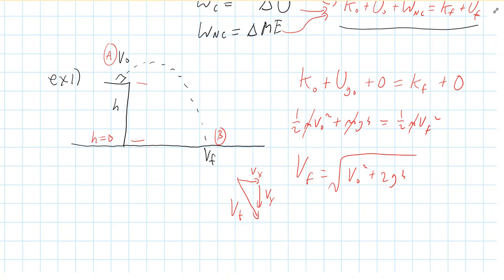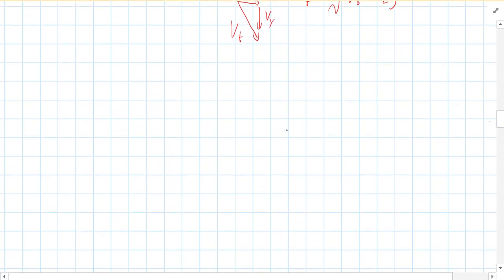Our other example is going to be a little more involved, and for this example I am going to give you some numbers. I'm going to draw a picture here, and I suggest you draw a very large diagram because we are going to mark all over it. So let's say here's the ground, and there's some kind of trampoline or spring.